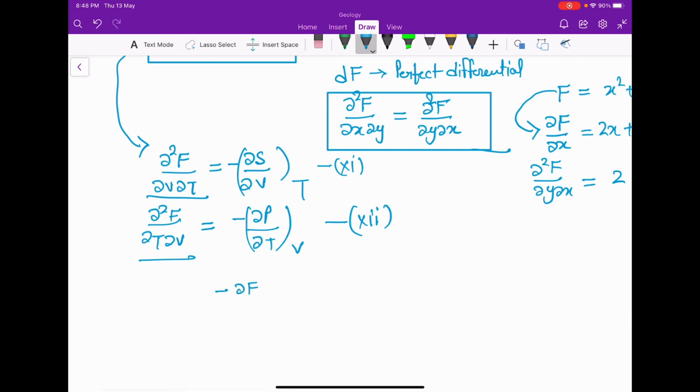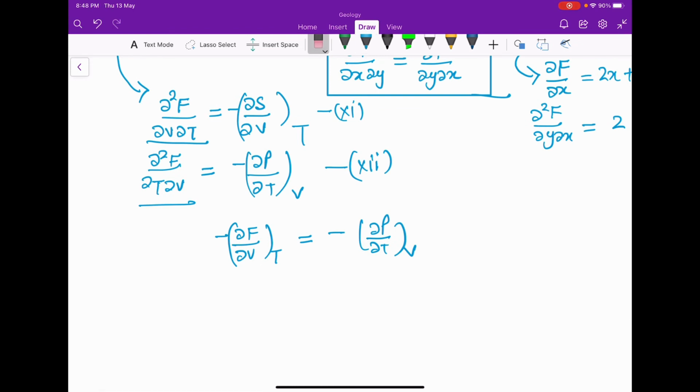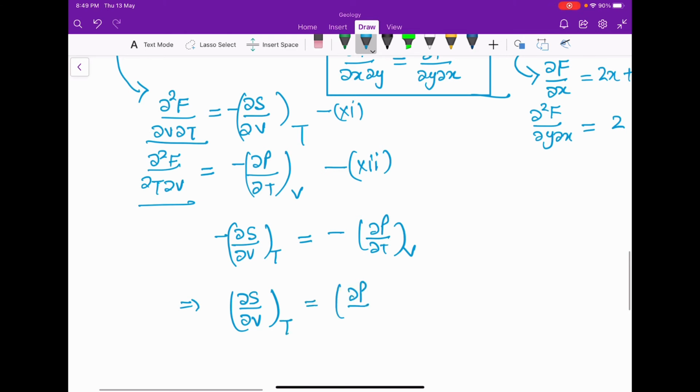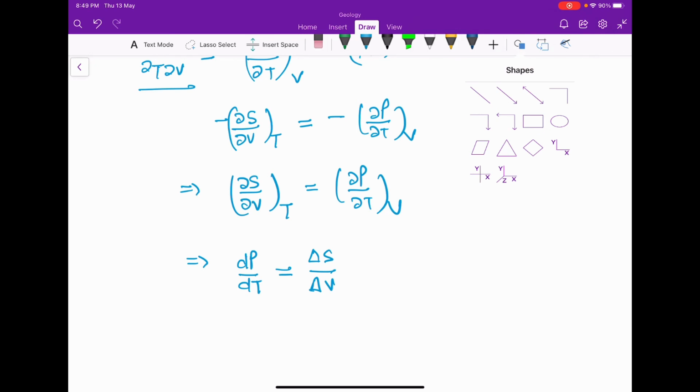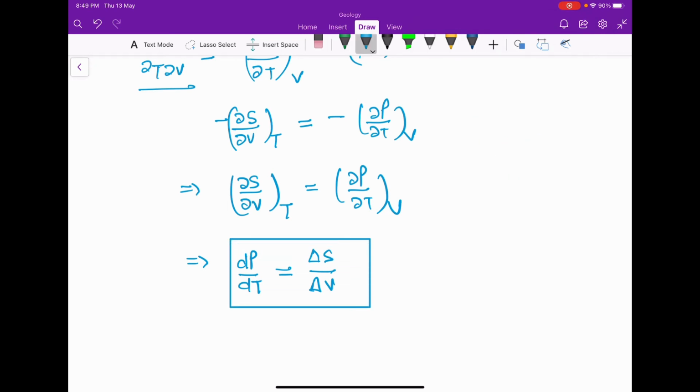So that will give del S del V at constant T equals del P by del T at constant V, after canceling the minus sign. Here dP by dT is your slope, and del S by del V. If we generalize, you can write this equation in this form.